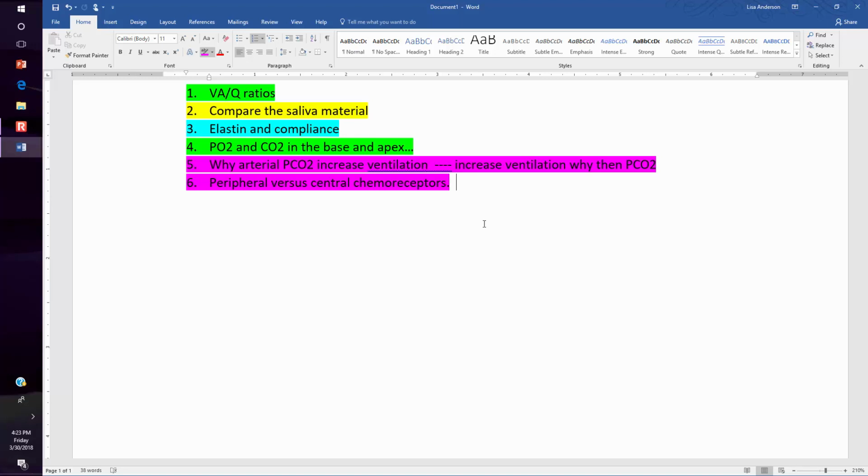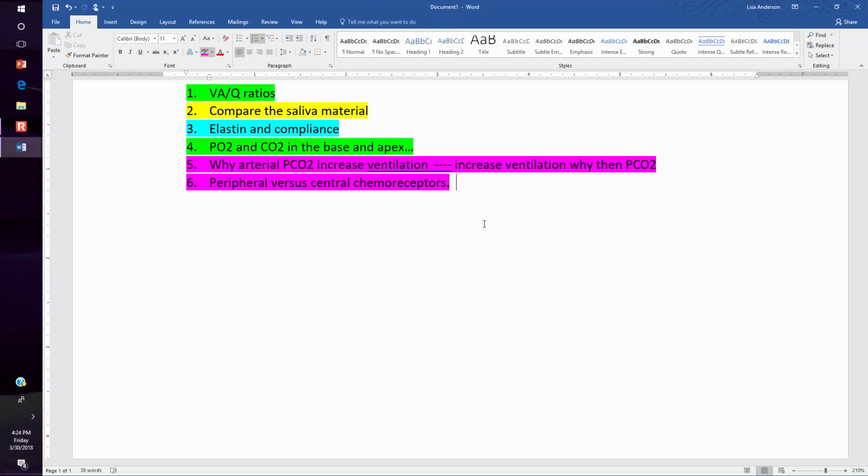So metabolism is going to determine a person's CO2 production, and that's called V.CO2. So that's how much CO2 you make.